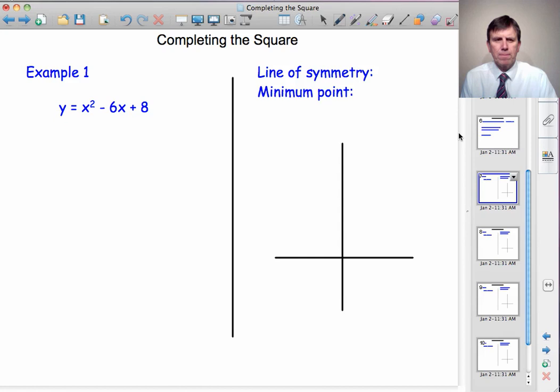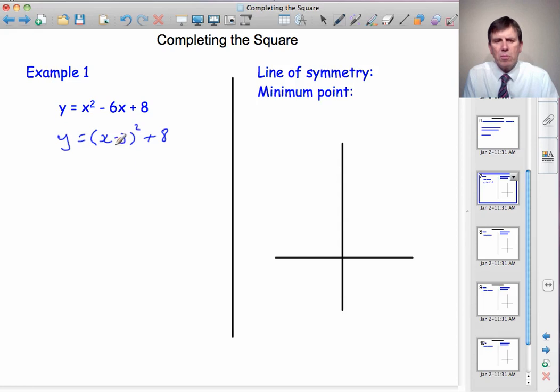First example, y equals x squared minus 6x plus 8. We write y equals x in some bracket squared plus 8. Now what goes in this bracket? It's half of this number here, so I want to put minus 3 in the bracket.